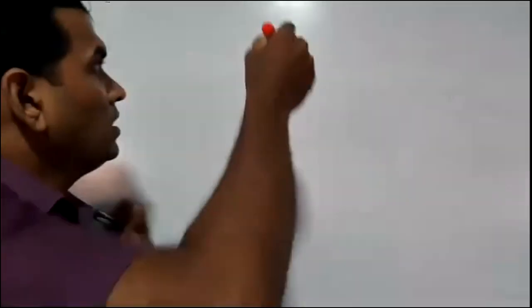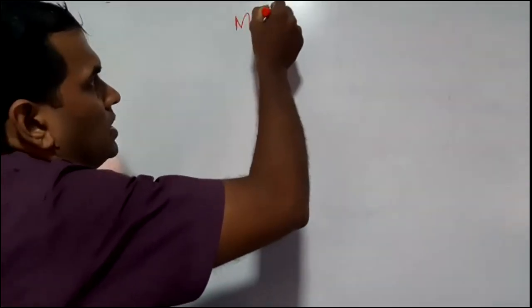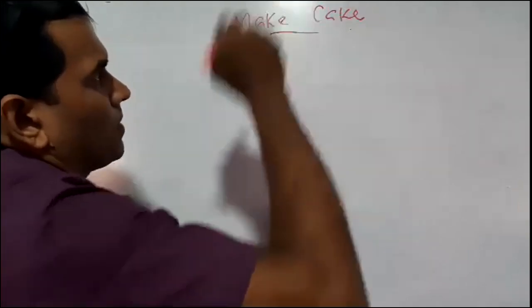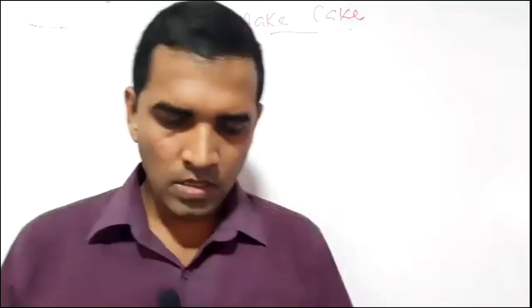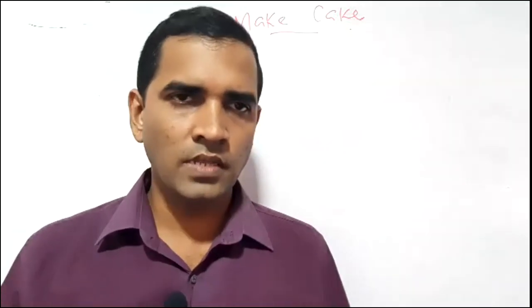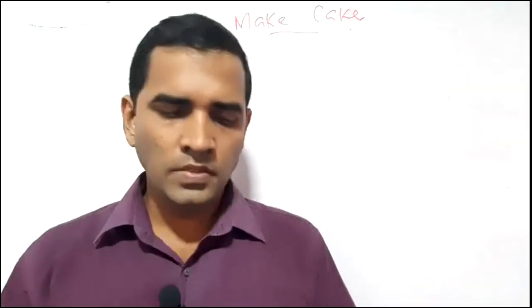This is my aim, making a cake, right? For making a cake, you need ingredients. You can understand that you need some ingredients. So let me list some of the ingredients.